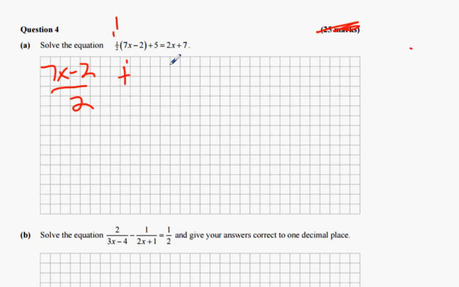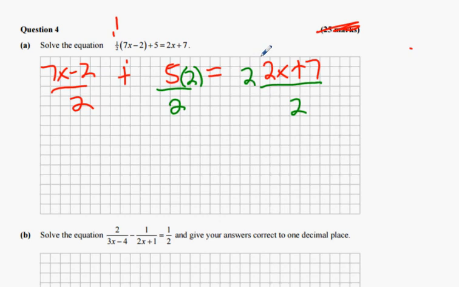We have to add on 5, and then the answer equals 2x plus 7. But a very common problem is that they don't all have the same denominator. So stick 2 top and bottom, because then it doesn't affect the number, because it's technically 10 over 2, which is still the number 5. So you haven't changed the value of the 5. Then you put a 2 on the top and the bottom here, and multiply them in.